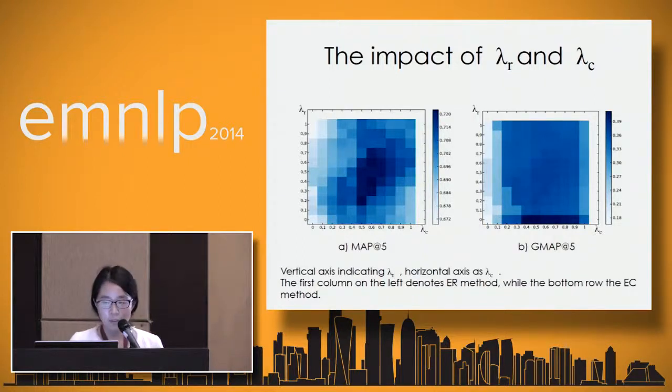Here's the impact of lambda r and lambda c. The bottom left corner is the method that uses only the entity. We can see when we add intent topics into it, it actually helps the result. The darker color means the result is better.